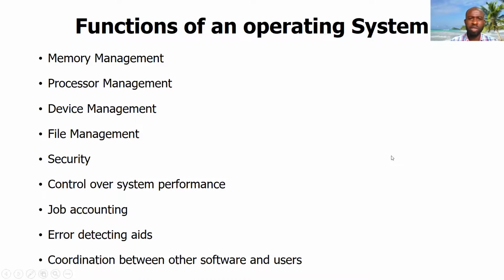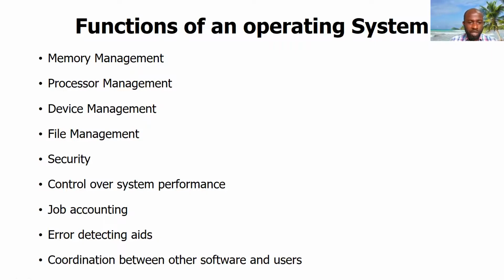Now let's look at some of the main functions of an operating system. There are a lot of them, but key among them is memory management. The operating system is responsible for memory management, that is, how the computer should manage its memory, the RAM. Also process management, how it controls the various processes. Device management, how it controls the various devices.